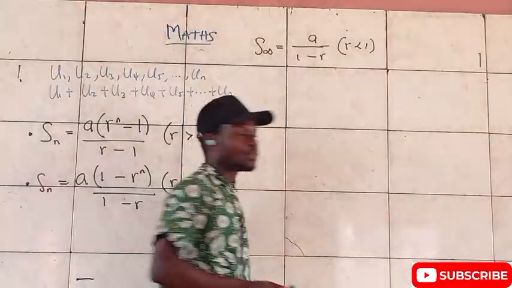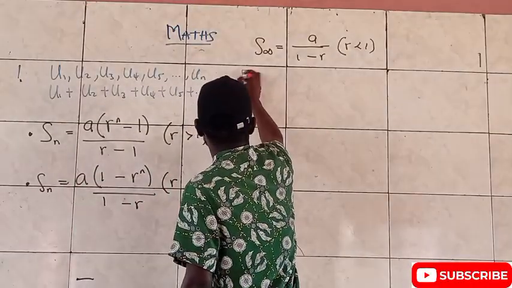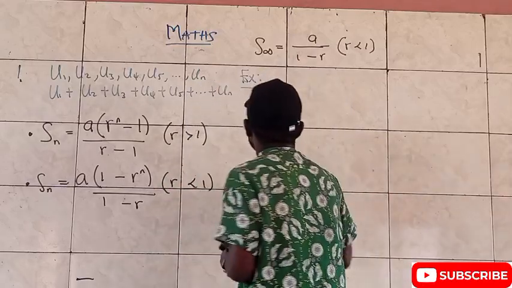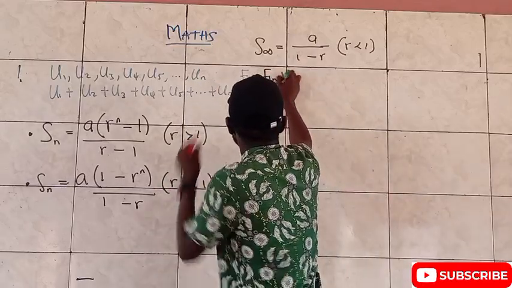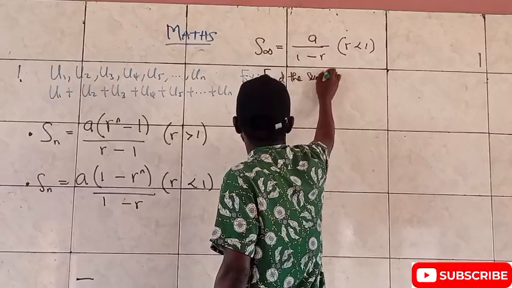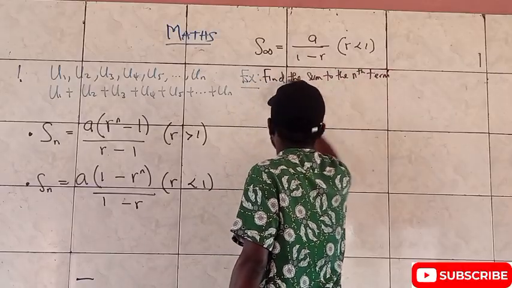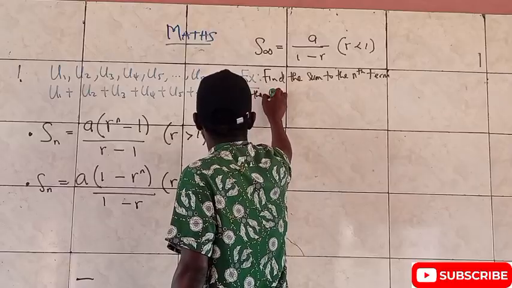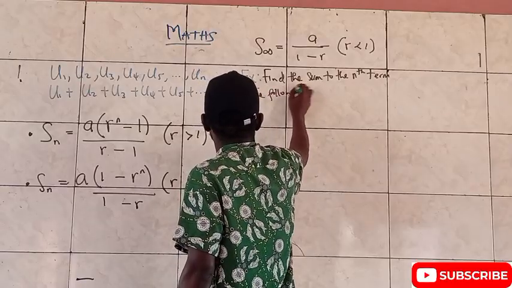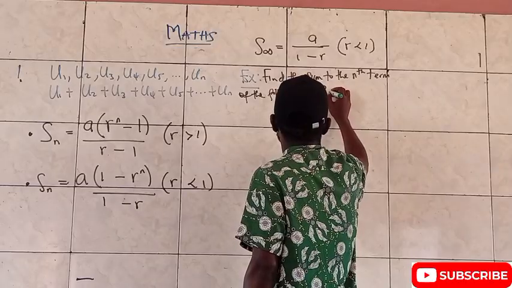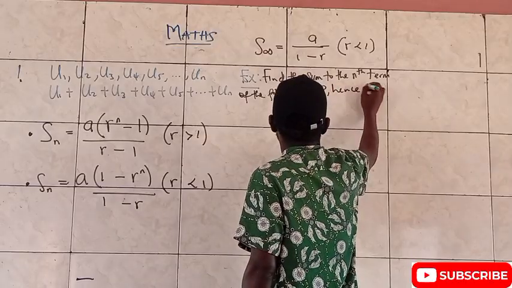So, for example, look at the example now. Find the sum to the nth term of the following geometric progressions.